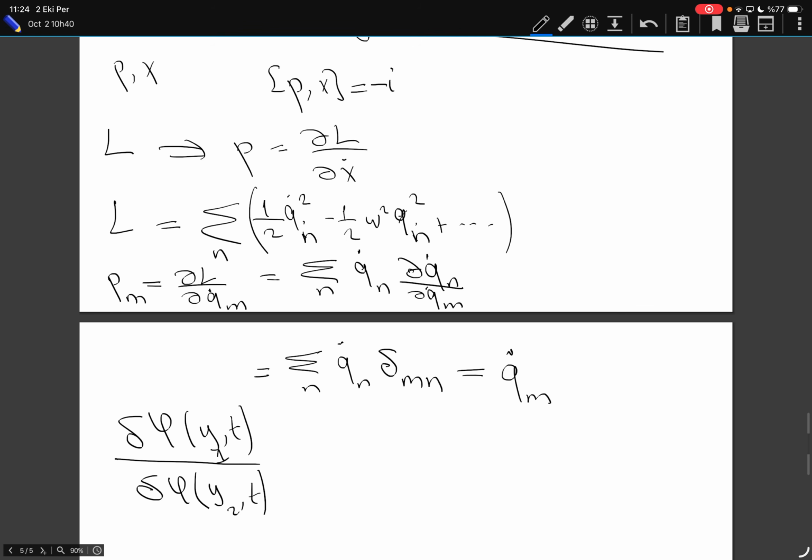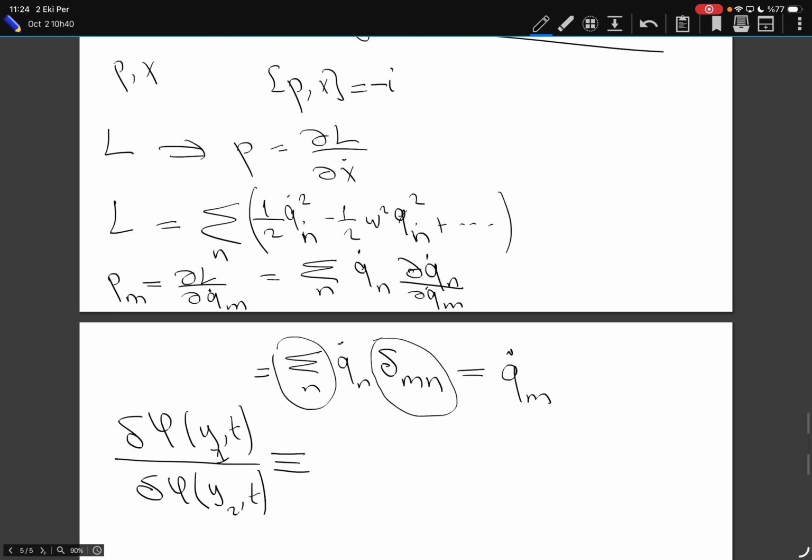This is not the Kronecker delta, because here I want to obtain something that when summed over just picks up one term. Here I'm not summing over the coordinates, I will be integrating over them, but I still want to pick up one coordinate only.